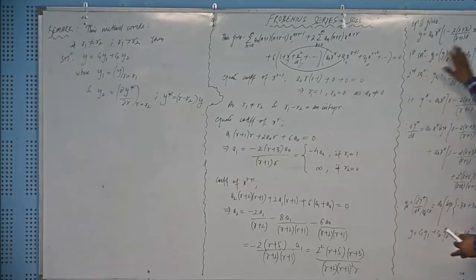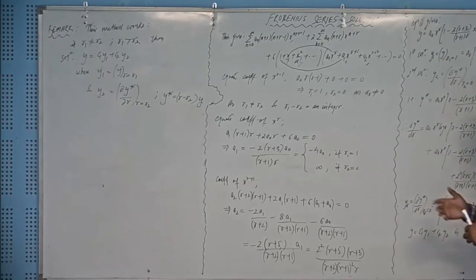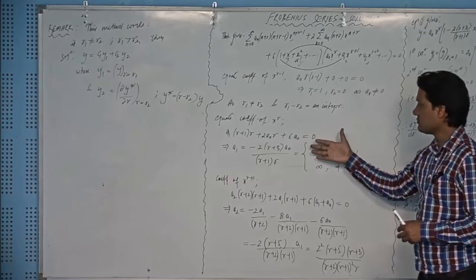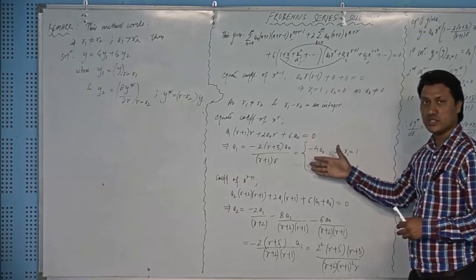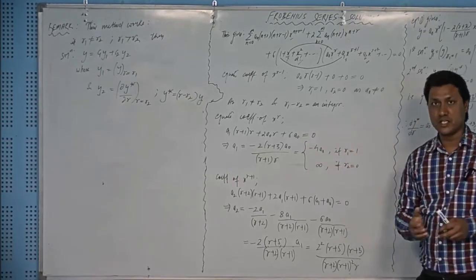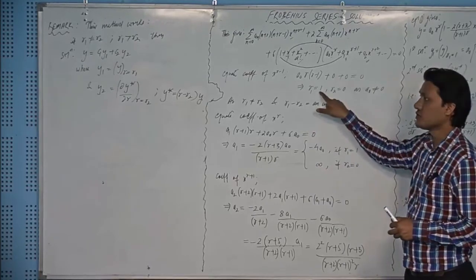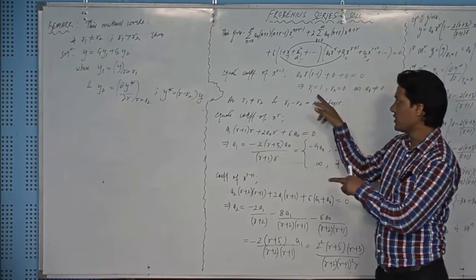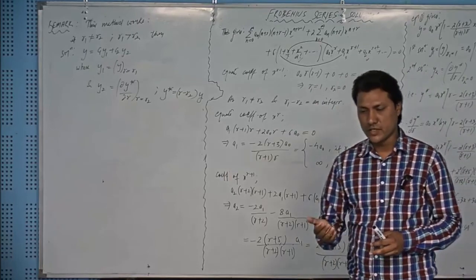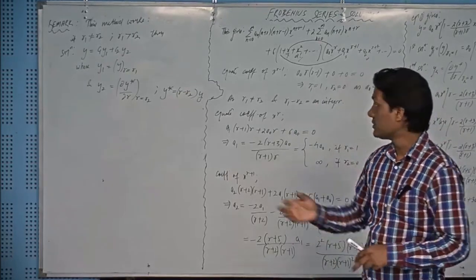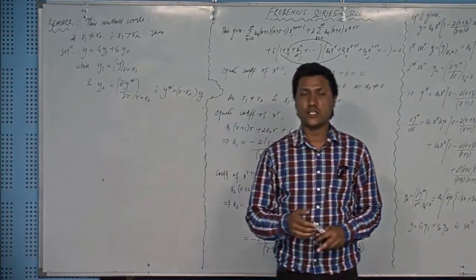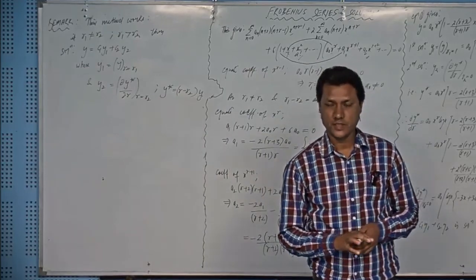We need y in terms of r, right? So there is no point of taking these kind of coefficients, whether they are becoming infinity or they are becoming indeterminate. You just focus on the biggest root and you obtain your first solution at that biggest root, and then you obtain your second solution by this derivative formula, right? So that will give you the complete solution, right?